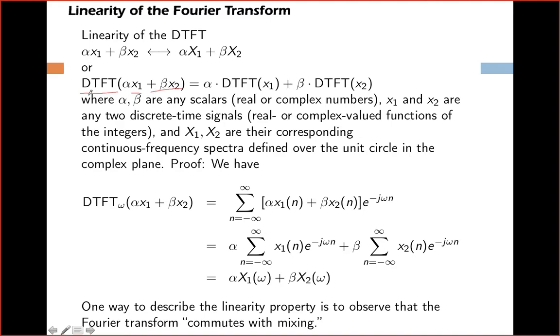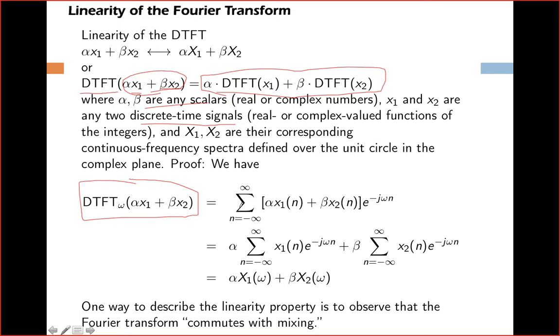Here alpha and beta are both constants, any scalar, real or complex numbers, and x1 and x2 are any two discrete time signals. When taking the DTFT of a linear combination of these two signals, you should get this result, which we are going to now prove. For example, I am going to take the DTFT of alpha x1 plus beta x2.